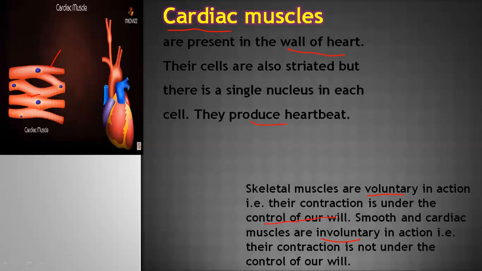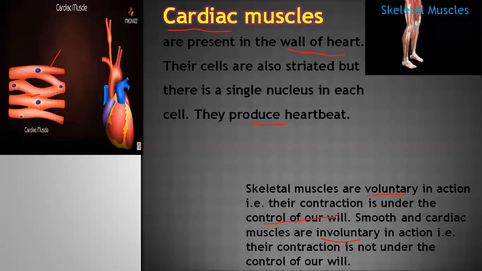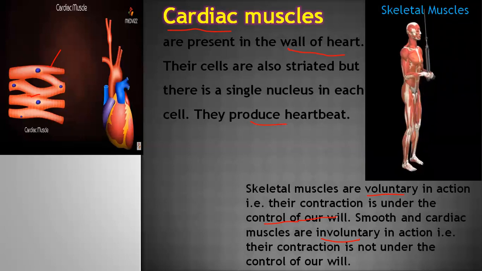When we want, they can contract and move, like skeletal muscles. Skeletal muscles are attached to the bones and move when we want to move them, like when we walk, exercise, move anywhere, write, or speak.